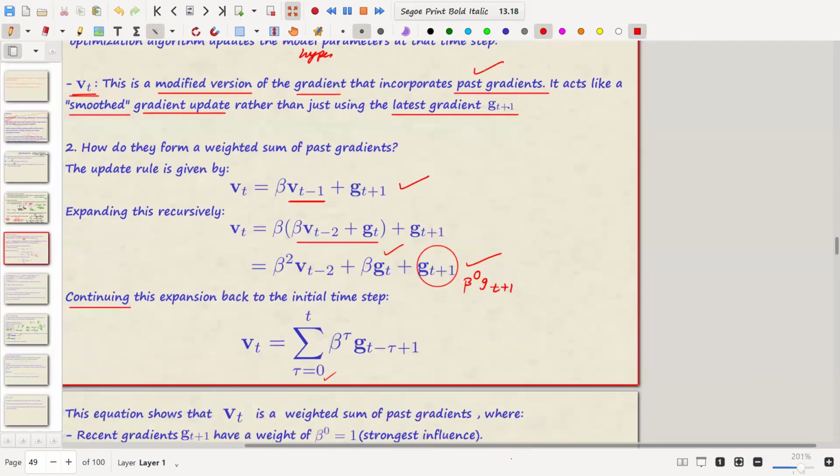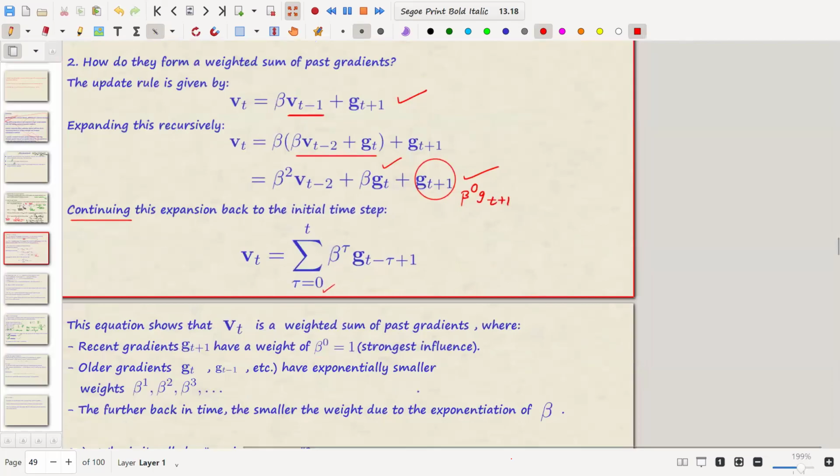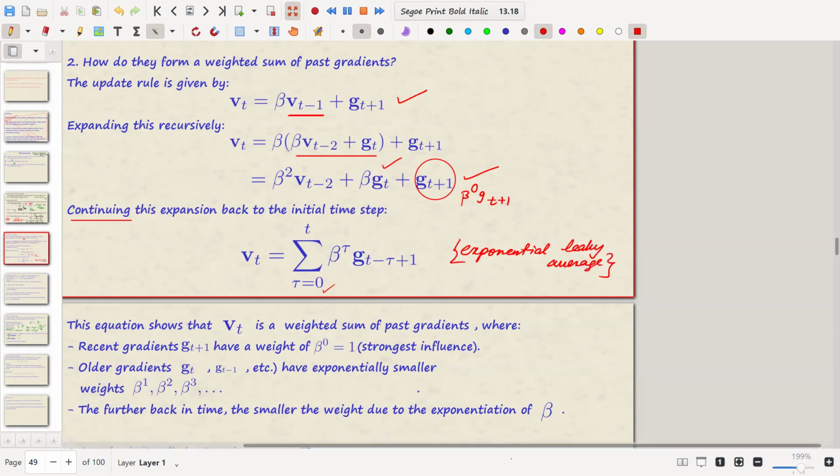So you can see how smoothly, using the simple line, we came to this exponentially weighted average. It is exponential because of beta to the power tau, an exponential leaky average, because the coefficients are exponentially decreasing.